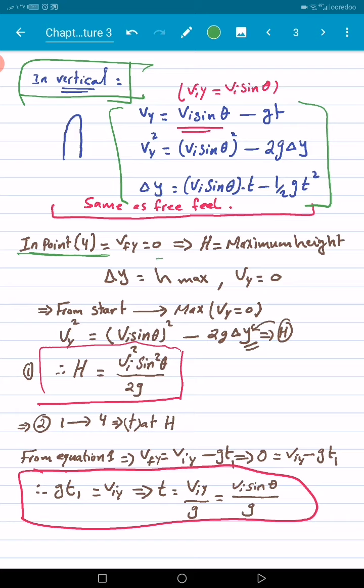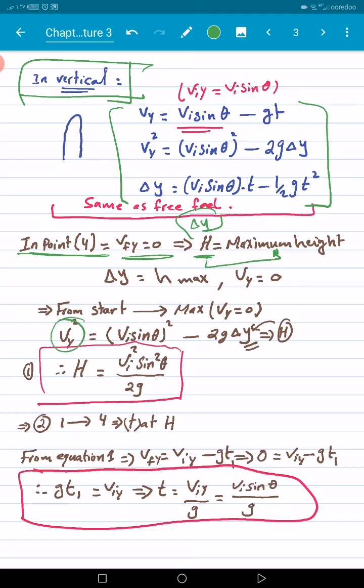In point 4, V final y is equal to 0. So I replace delta y with h, the symbol of the maximum height. So I start applying equation 2.